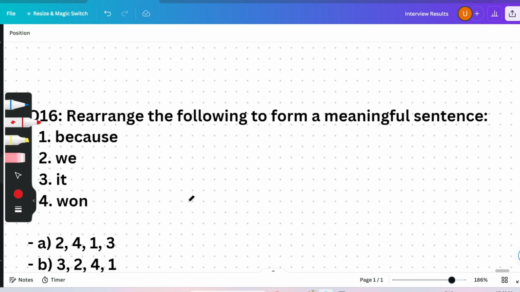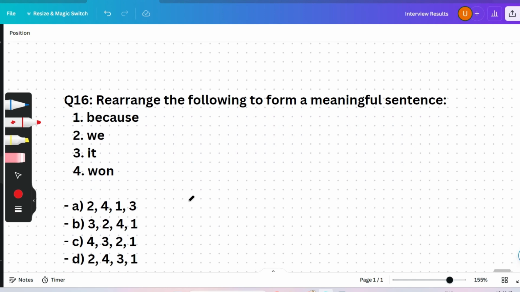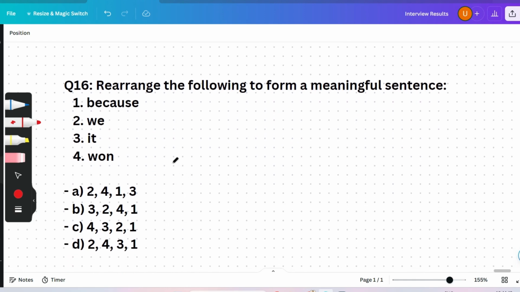Rearrange the following to form a meaningful sentence: because we it on. We own it because. So what will be the correct answer? There are some mistakes, like here it should be "of it".